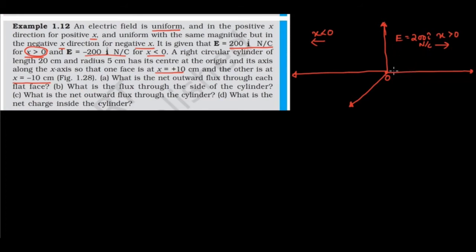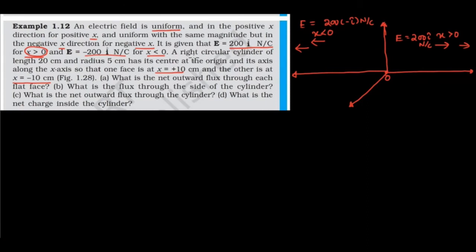And E equal to minus 200 i cap, or I can write 200 into minus i cap Newton per coulomb, if x is negative. Means towards left of origin electric field is towards left, and towards right of origin electric field is towards right.